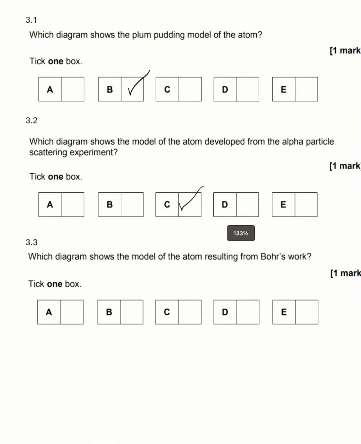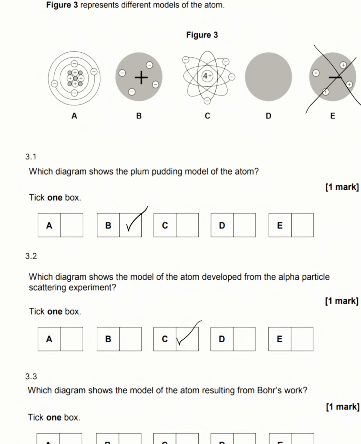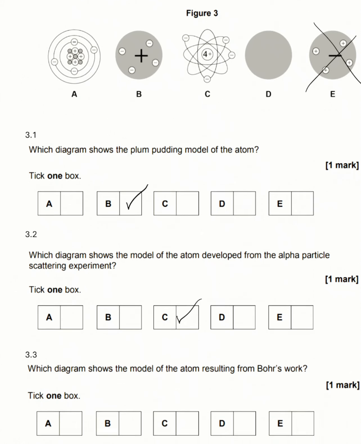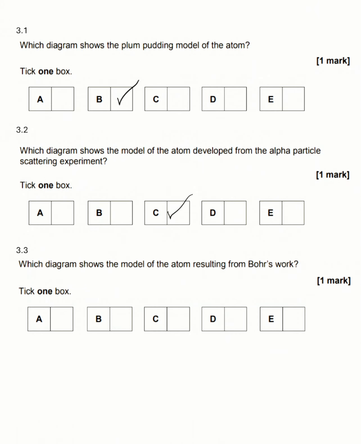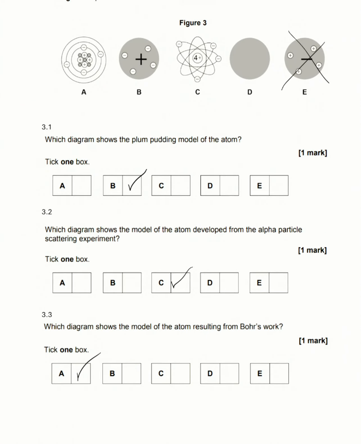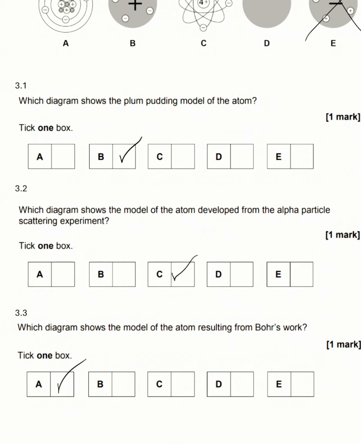So that's C. So which diagram shows the model of the atom resulting from Bohr's work? Okay, and technically it's none of them, but it is A, and I'll say why, but it is A. It's a bit confusing because it's A because A has shells, but it's not A because A is showing neutrons.